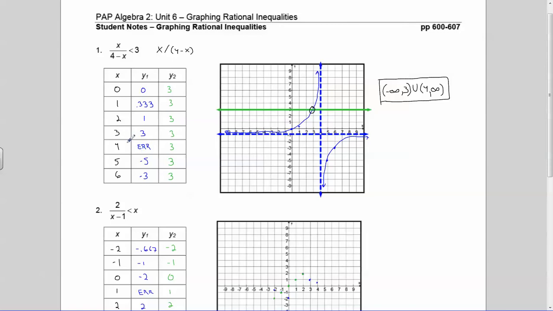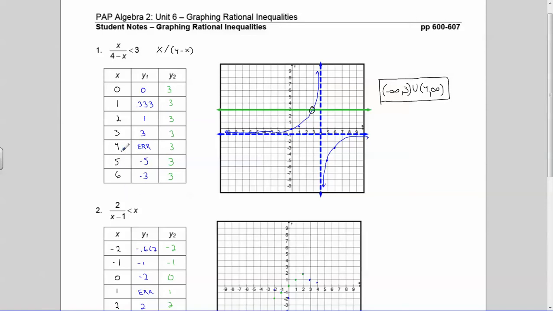So these will be our boundary points, and what we need to look for is where our y1 values are less than our y2 values. So we can see that happens when x is 0, when x is 1, when x is 2, and when x is 3. And then again when x is 5, 6, and so forth.